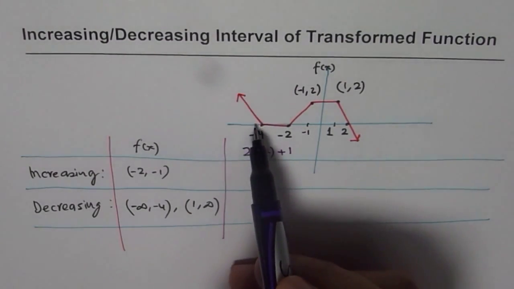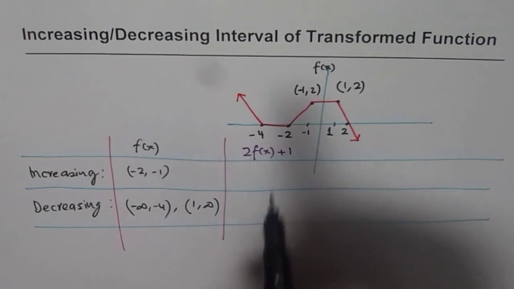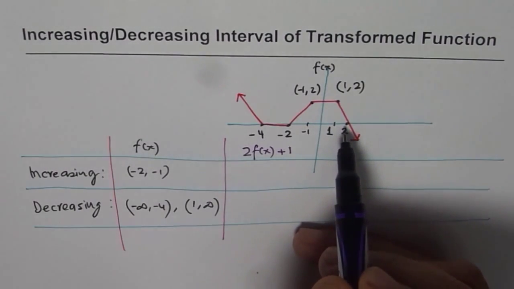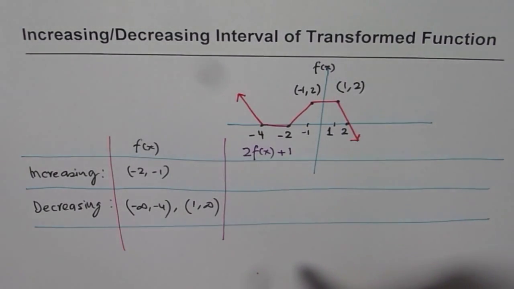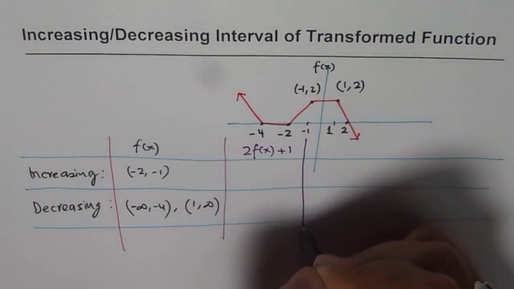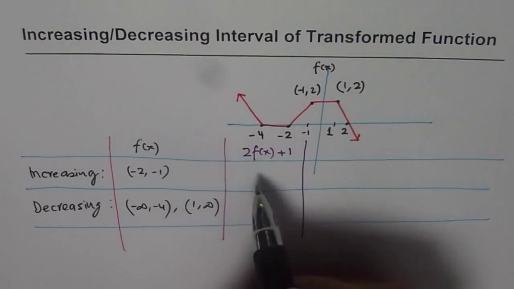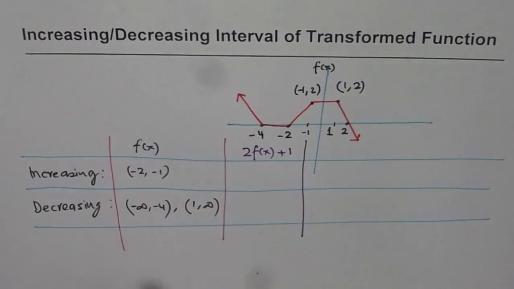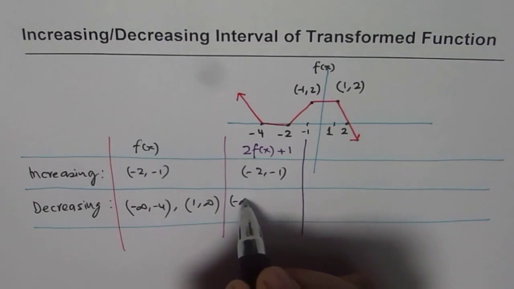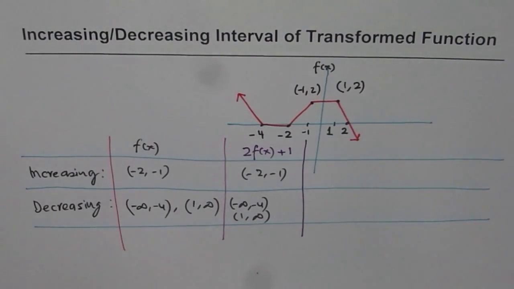If I stretch by a factor of 2 and move 1 unit up, the lines may become steeper, but the intervals of increasing and decreasing will remain exactly the same, correct? So whenever you do vertical stretch or compression, or vertical translation, the intervals don't really change. They remain the same, from minus 2 to minus 1 increasing, and the decreasing from minus infinity to minus 4 and from 1 to infinity.